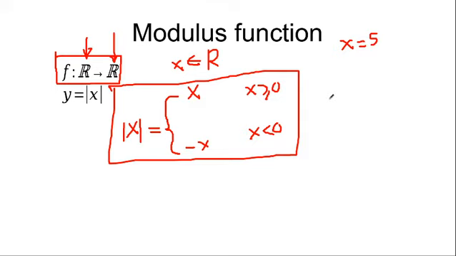Now if you are asked to plot or sketch this in a Cartesian plane, how do you go about doing it? The basic way is to have some x values, then you take the modulus of that. For example, let's start with -5, -4, -3, -2, and this goes on.